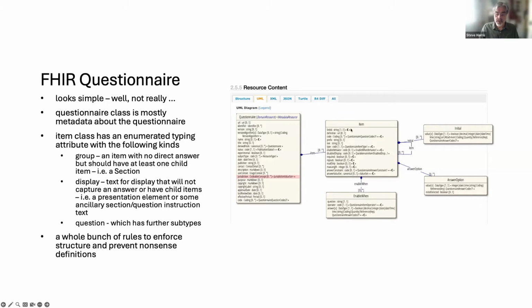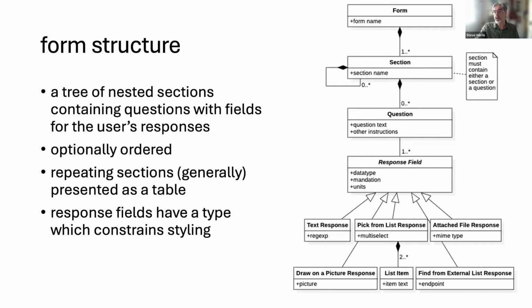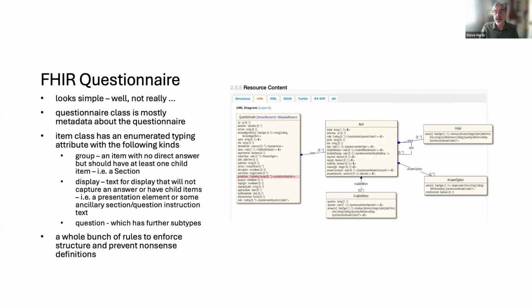And if we go back to our definition of what a form should be and what all of the bits and pieces are in a form, then, well, there seems to be quite a bit missing there. So what FHIR Questionnaire does is, instead of listing all the different types of data classes that are necessary for you to make a form, it creates a bunch of rules on item.